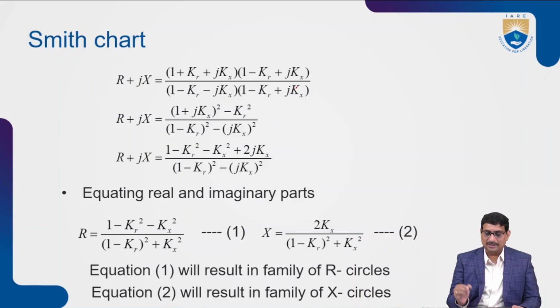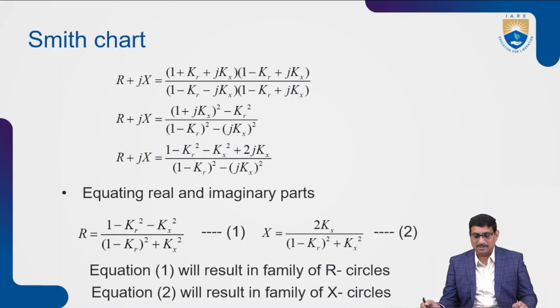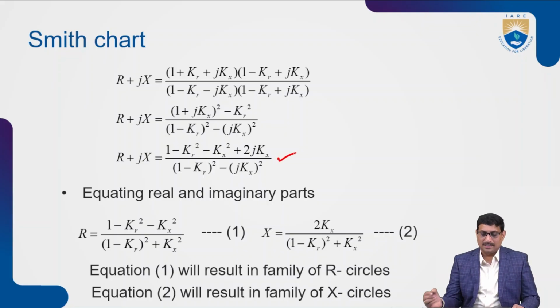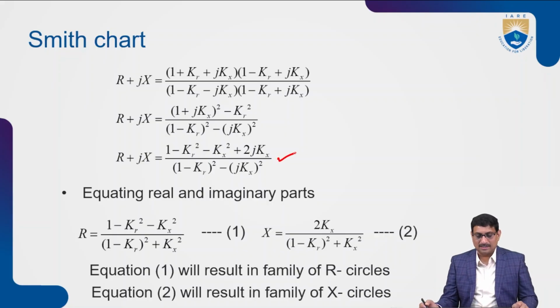Simplifying this, we get R plus jX is equal to 1 minus Kr square minus Kx square plus 2jKx divided by 1 minus Kr square plus Kx square. Equating both the real and imaginary parts, I can write R equal to 1 minus Kr square minus Kx square divided by 1 minus Kr square plus Kx square, and I call that equation 1.